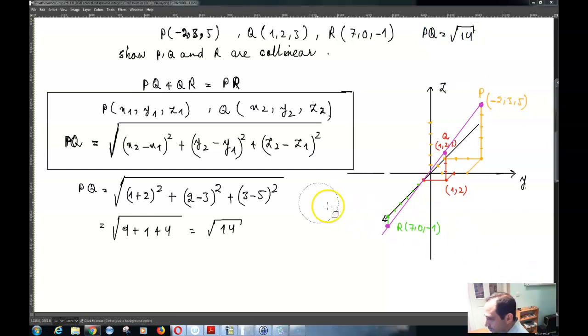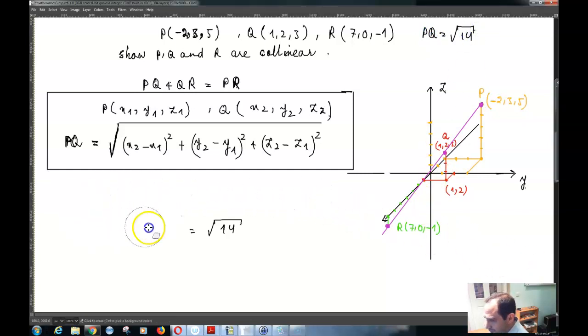Now, the next thing that we have is another distance, which is QR.